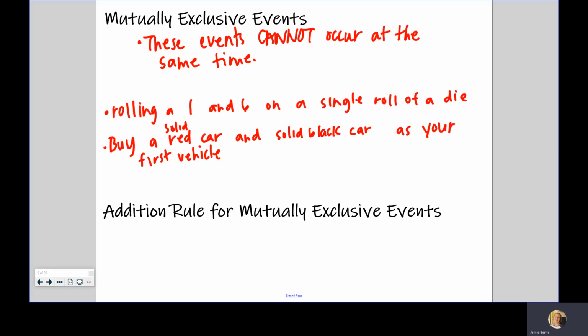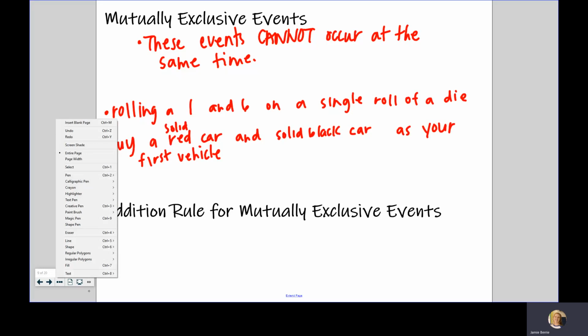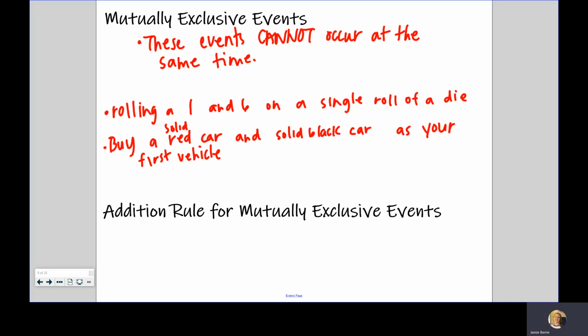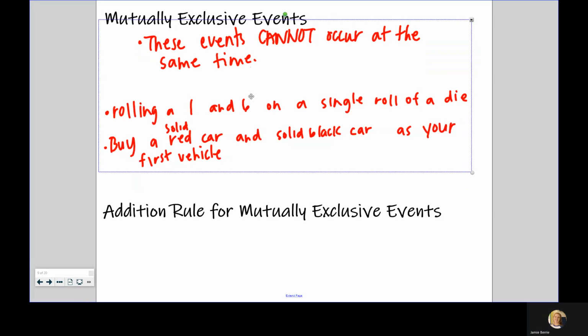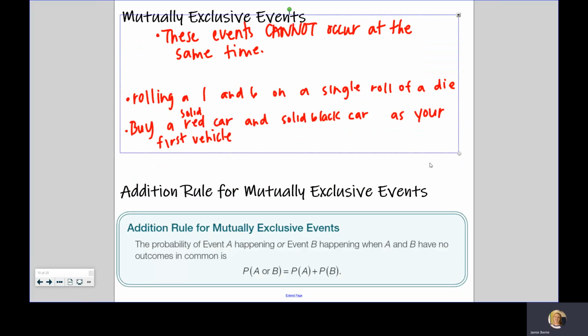But whenever we're talking about mutually exclusive events, we have a special addition rule for those. It's really simple. It's just built off of that last rule that we just saw. Right, and this is what it looks like. So this is the addition rule for mutually exclusive events. It says the probability of an event A happening or an event B happening when A and B have no outcomes in common.